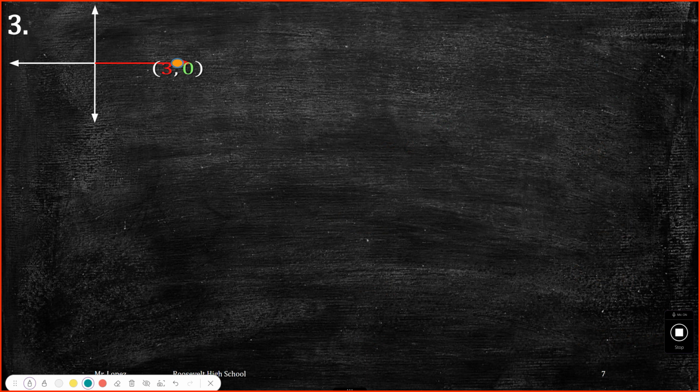In reality, if you just understood what we did, you don't need to be doing all this work that I'm going to show you here. Any point that lands on the x-axis, the answer is just the same. Let's do cosine of the angle is 0.